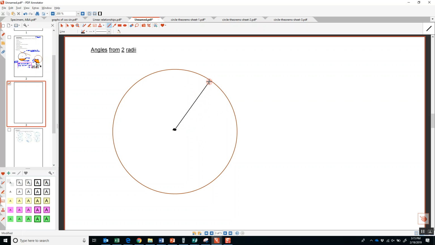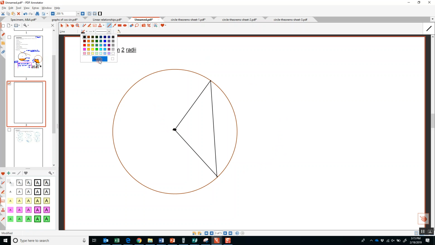Let's draw it this way. Okay, so put in all the details.